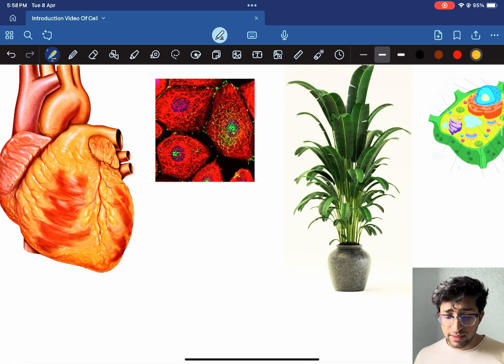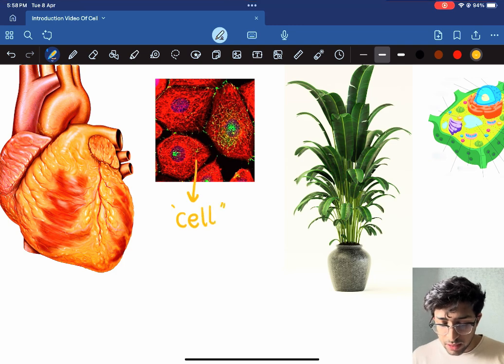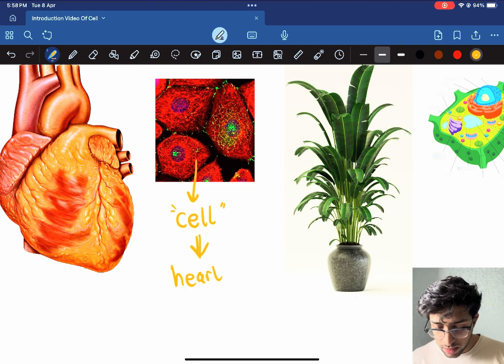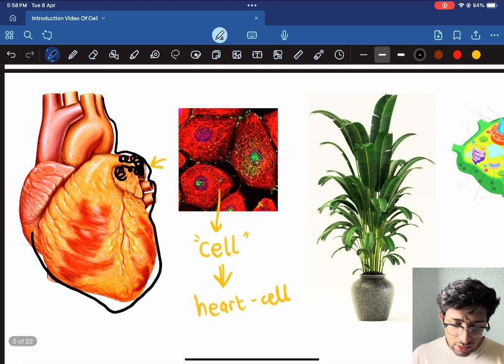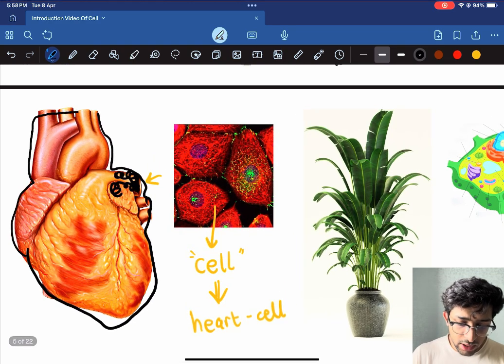As you can see in this example, the small one is the cell, and this is a heart cell. Trillions and trillions of heart cells come together and eventually form the structure of the heart.